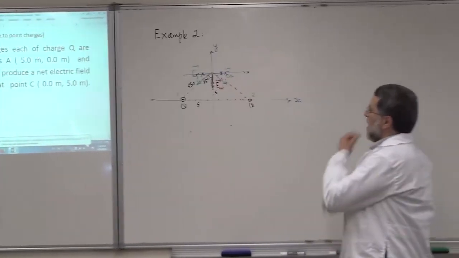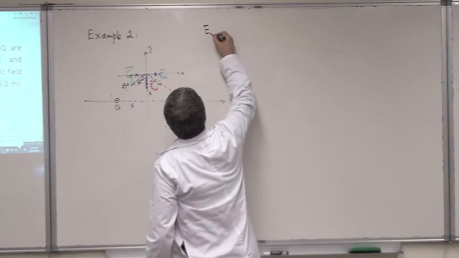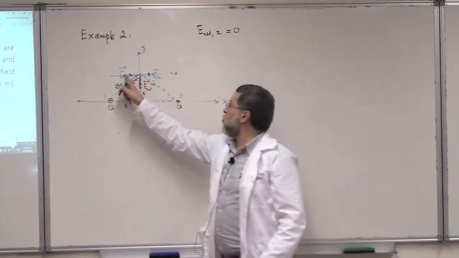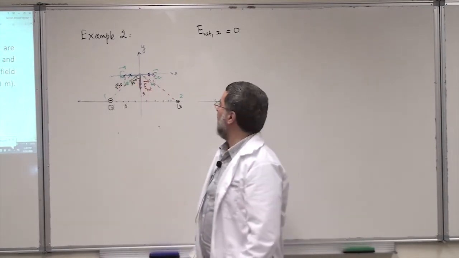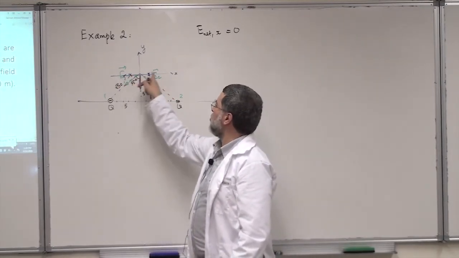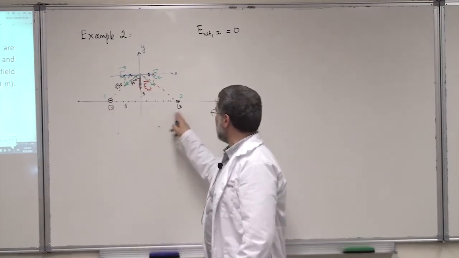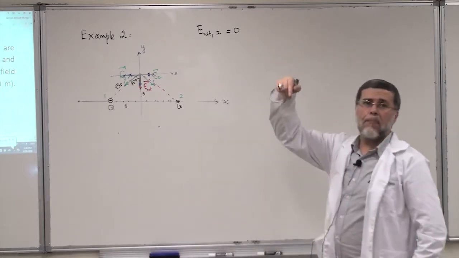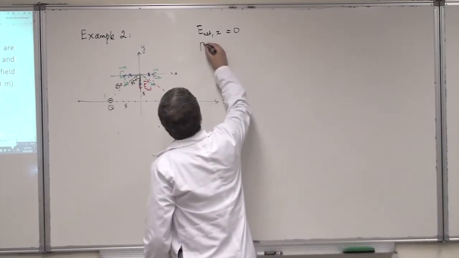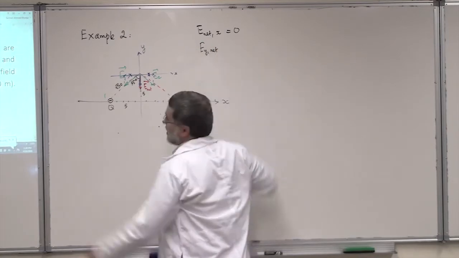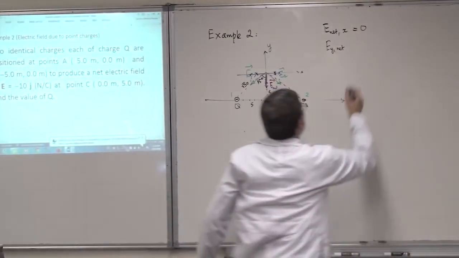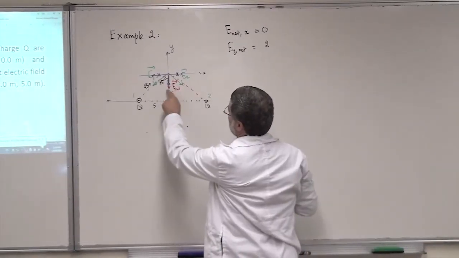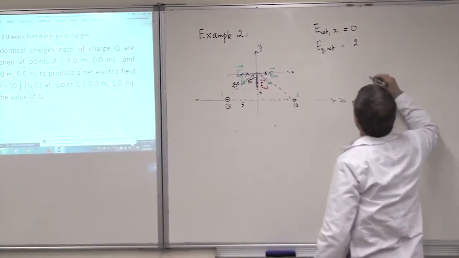Now, let's calculate E net. E net along the x-axis is 0, because these two components cancel each other: they are equal in magnitude and opposite in direction, since the charges and the distances are the same. I'm left with Ey pointing downward. So Ey net, given by the 10, is equal to 2kq over r squared times the cosine of 45, with a factor of 2 because I have two components in the same y direction.